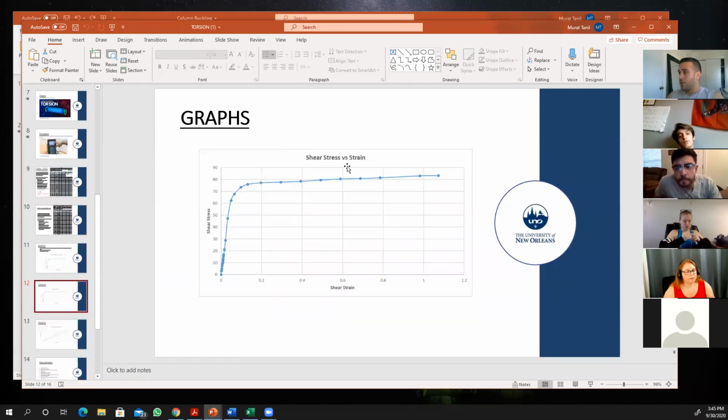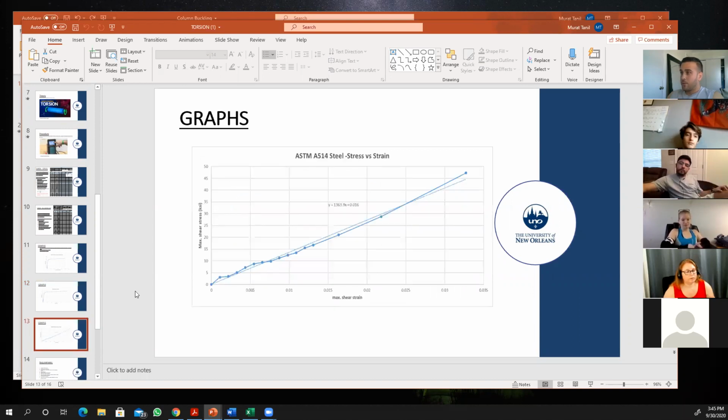You should have your shear stress and strain graph, and you should have one more graph that's showing only the elastic region. But like I said, you can calculate the modulus of elasticity, or shear modulus in this case, in regards to torsion. The slope of this linear line will give you the shear modulus.